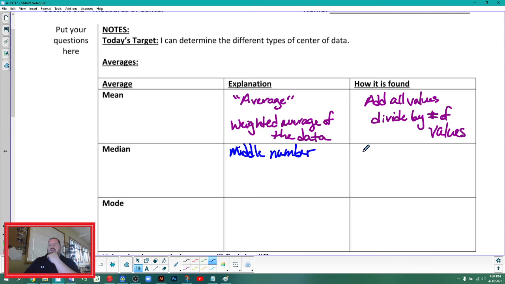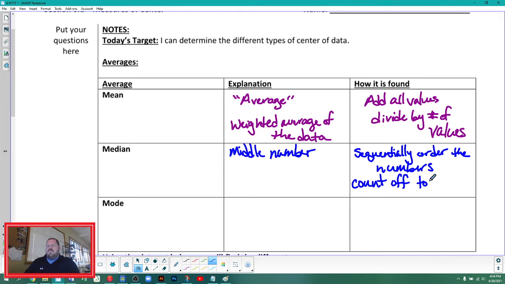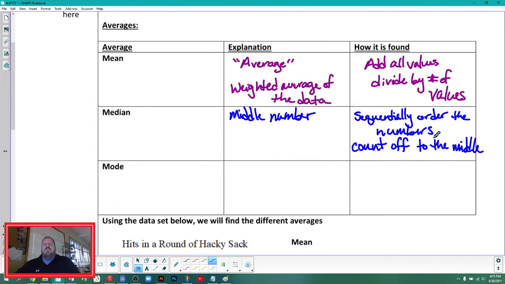How we find it: I'll sequentially order the numbers, and then count off until we get to the middle, so we're trying to find that number that's right in the middle of the ordered set of numbers.